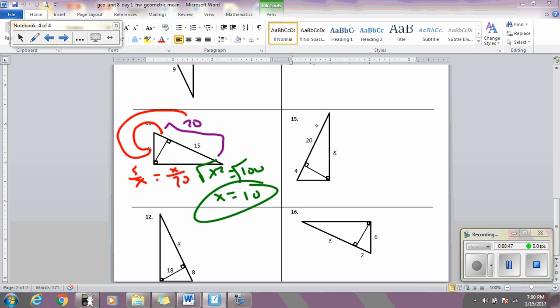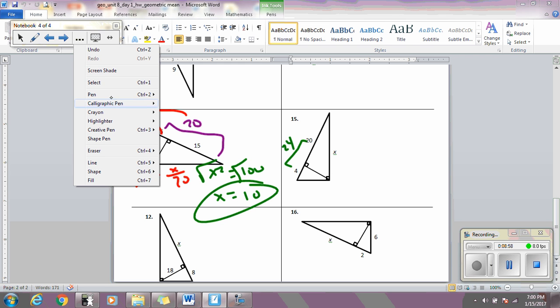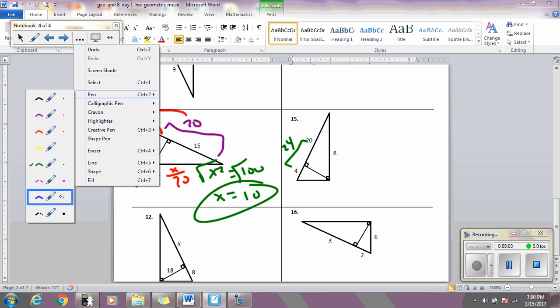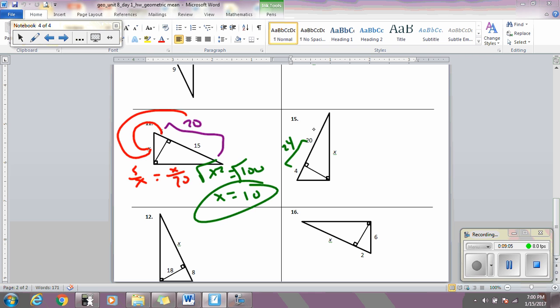And on number 15, x is around the corner from 20. So I would combine 4 and 20 to get 24. And then use the mustache to set up my problem. So from 20, go around the corner to x. From the corner of x, go to the whole, which is 24. x times x, x squared.